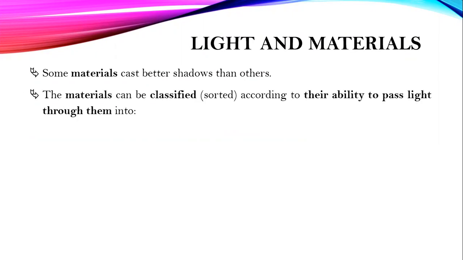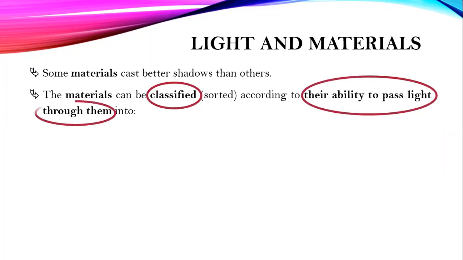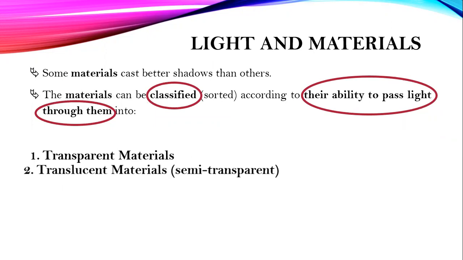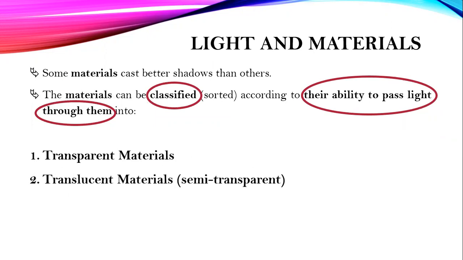So the materials can be classified, grouped, or sorted according to their ability to pass light through them. They are going to be classified into transparent materials, translucent materials, which are also known as semi-transparent, and opaque materials.